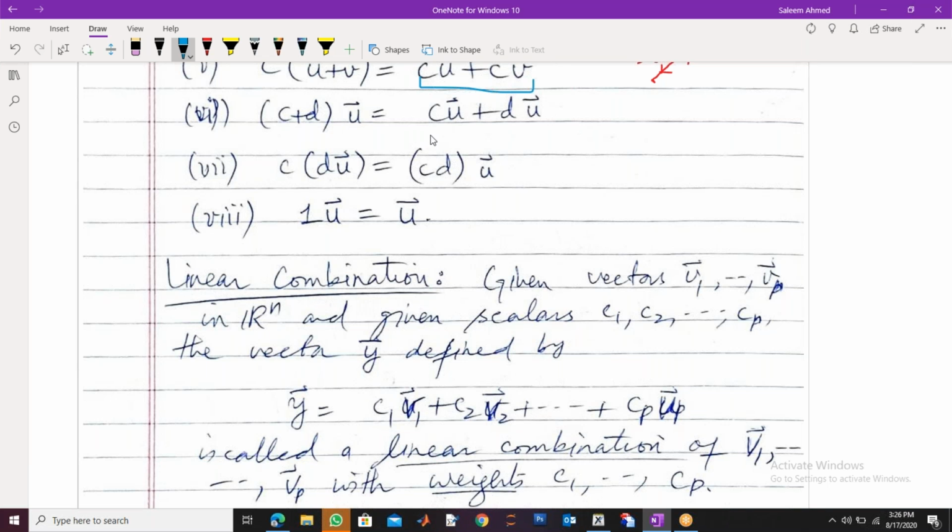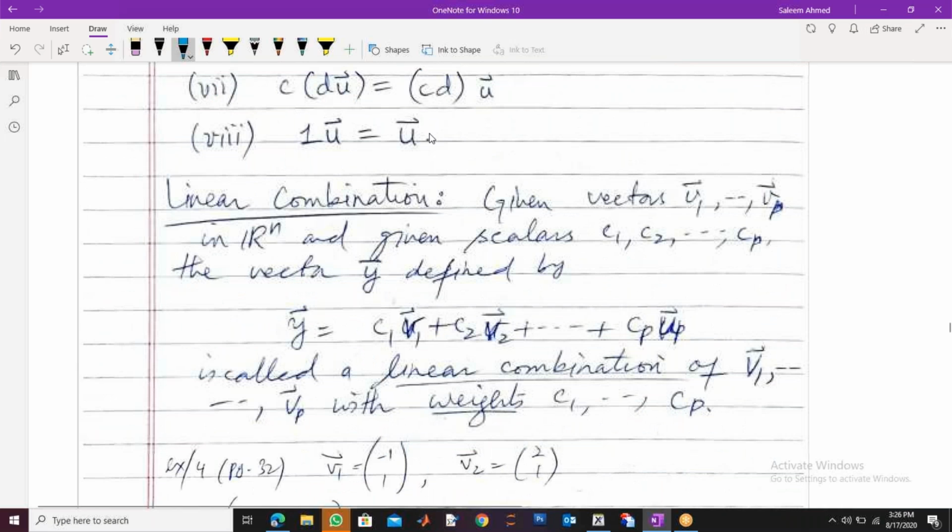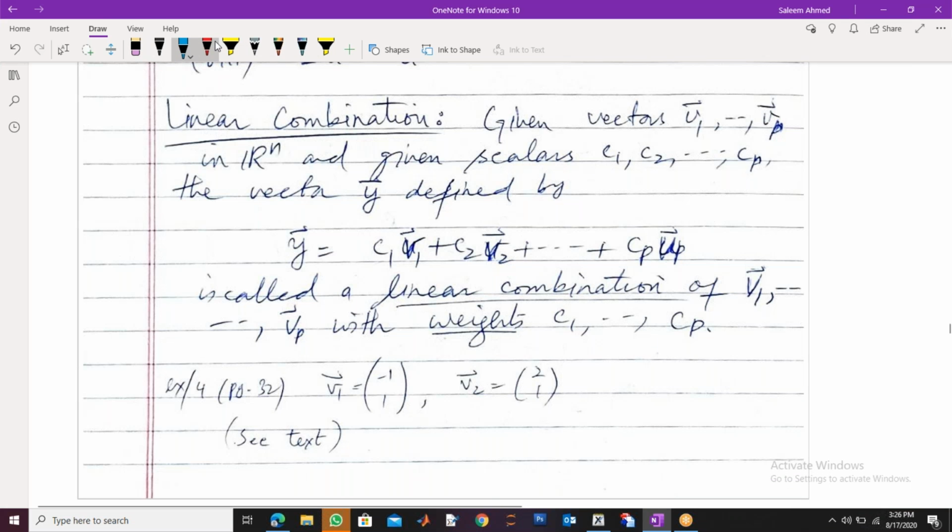One thing which is very important in linear algebra is called linear combination. What do we mean by linear combination? If you have some number of vectors, let's say p vectors, v1 up to vp, they can be 2, 3, 4, 10, 15 vectors, whatever, a finite number of vectors, and some real numbers, some scalars, c1, c2 up to cp, the same number of real numbers.